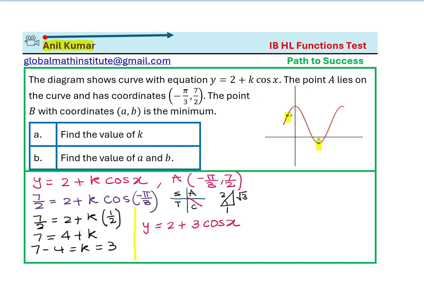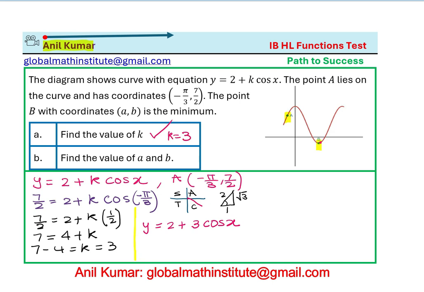Perfect. Now the thing is, where will this point B be? So we had already done part A, finding the value of k as 3, right? Now we'll work on the second part to find the minimum for this particular function. Now you can see this is a cosine function with maximum here and minimum there.